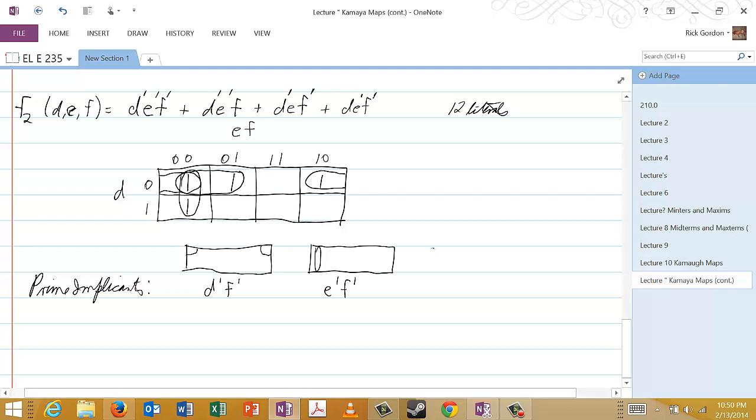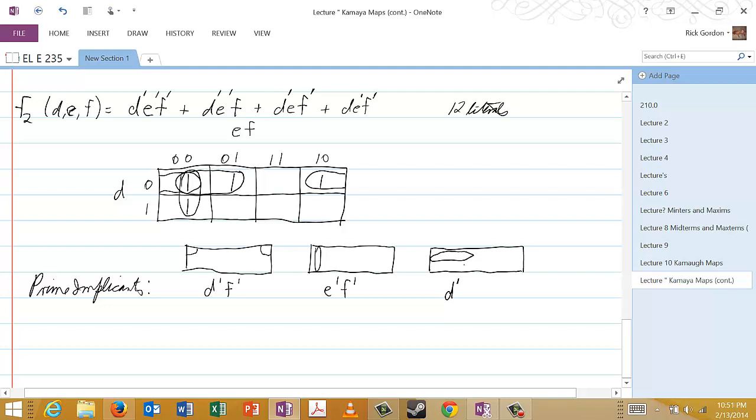And so we now draw the rough figure for it, and you should now turn off the video for a moment and try to figure out the name of that prime implicant. Well, as I look at that, I see that D is constant equal to 0, so it will be in the name, and since D is equal to 0, it'll be D prime.